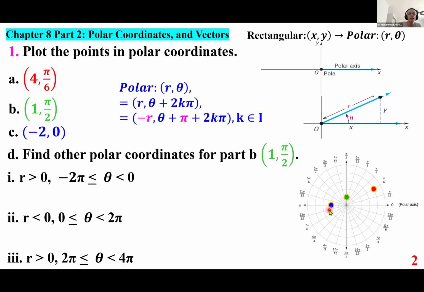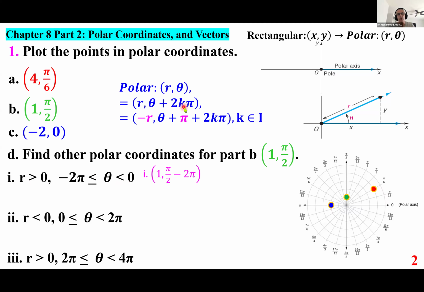Now we want to find other polar coordinates for part B, 1 comma pi over 2, where r is still positive, but theta is between negative 2 pi and 0. And obviously, if you want it to be negative, then all you have to do is add negative 2 pi, or subtract 2 pi. In other words, look at this 2k pi. So add multiples of 2 pi.